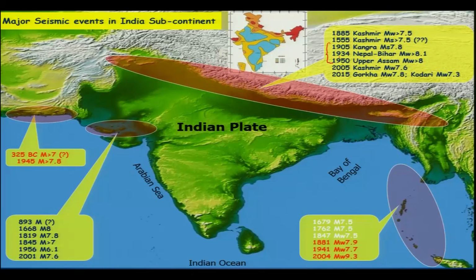For example, based on paleoseismic studies, we have been able to narrow down that the 1905 earthquake did not occur on the Himalayan frontal fault, but occurred 100 kilometers behind, on a new fault, the Kangra Valley fault. And for these two events, research groups have identified that they took place on the Himalayan frontal thrust. But we will have more discussion on this part as we move ahead in this course.